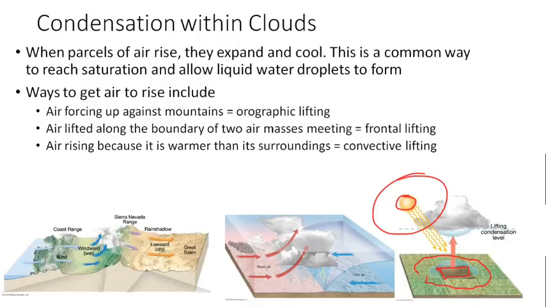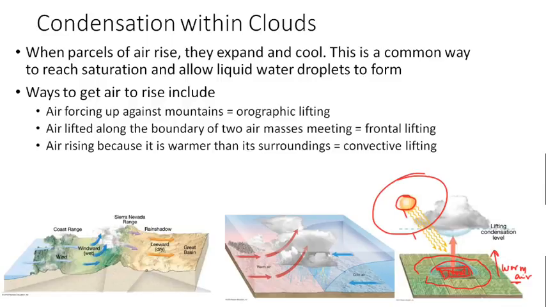Here we have a dark pattern, looks kind of like fields, doesn't it? Where this is hot because of the different amount of energy it's soaked up relative to its surroundings, and it creates this warm bubble of air. And if you've ever noticed in your house, if you go upstairs it's the warmest temperatures, that's because warm air rises. We call this convective lifting. Your warm air will rise.